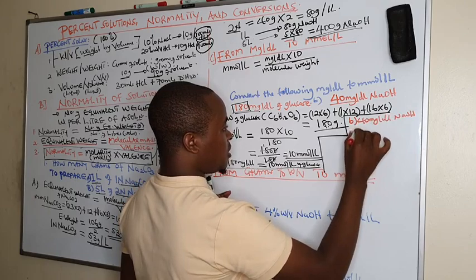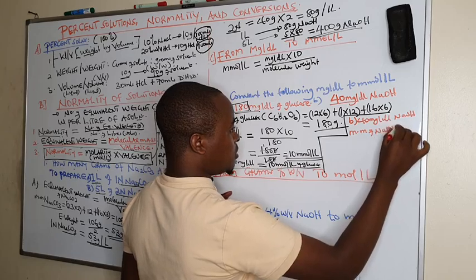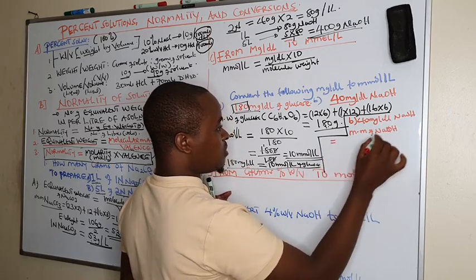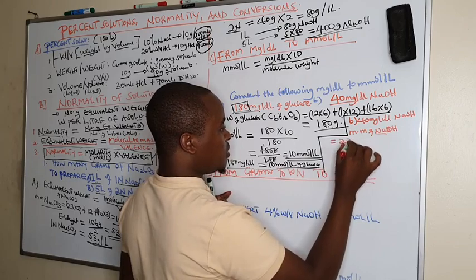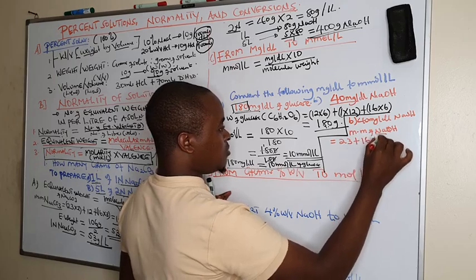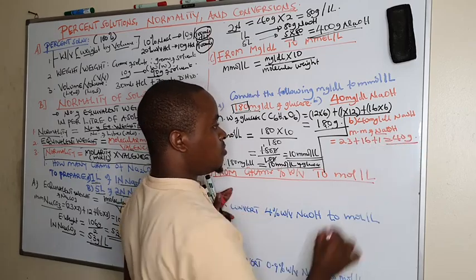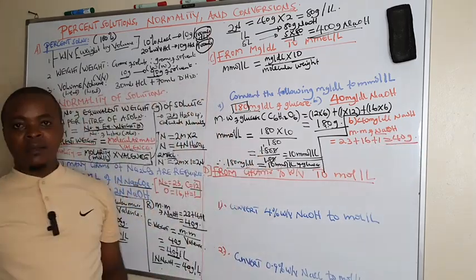We have to first calculate the molecular mass of sodium hydroxide, whereby sodium is 23, plus oxygen, which is 16, plus hydrogen, which is 1, and I get 40 grams. This one becomes the molecular mass of sodium hydroxide.